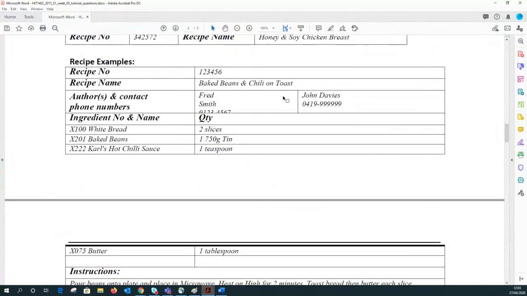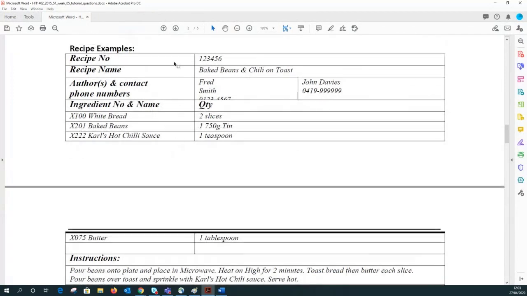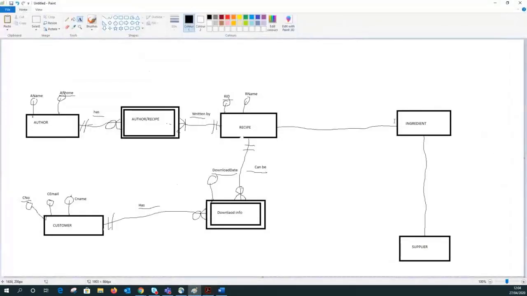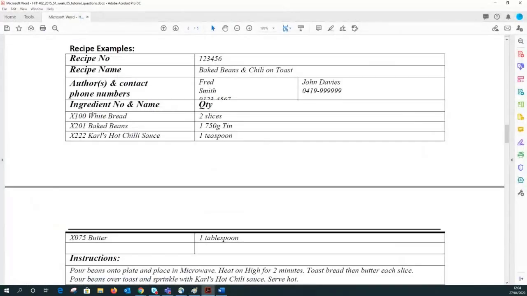So we captured that here. Right now we are coming to the ingredients of this particular recipe. You can see there are a lot of ingredients involved, and each ingredient has ingredient IDs and ingredient names. Now we have captured that information here, ingredient entities, so these are the attributes of the ingredient.